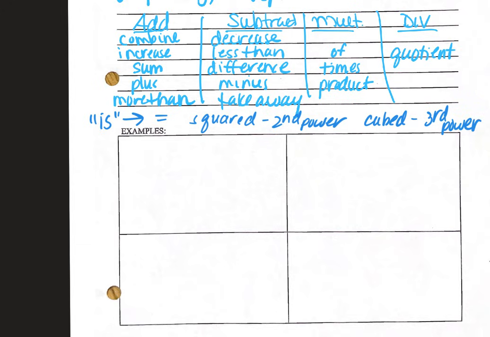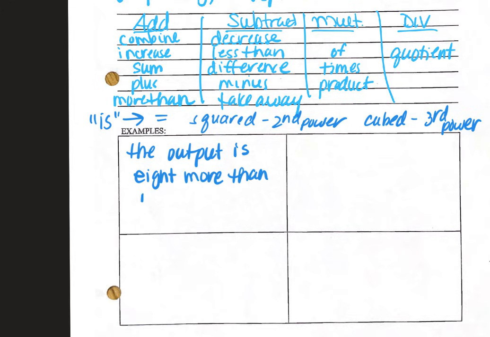So let's start with an example. So our example is going to be the output is 8 more than the input.